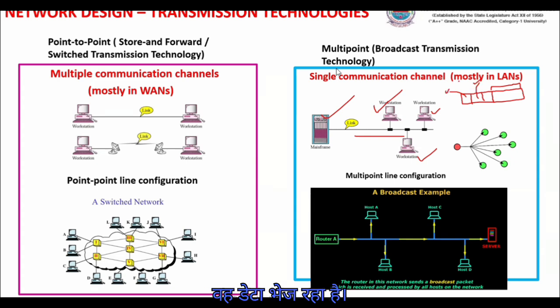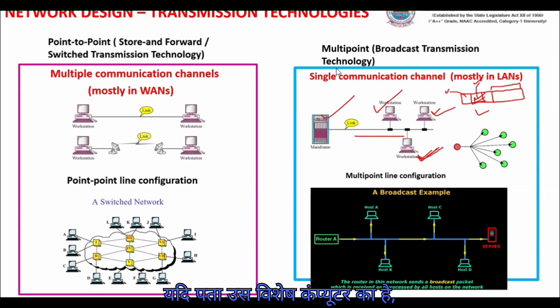Means who is sending the data, to whom he is sending the data. Okay. So every computer will be receiving this unit. And the very first thing they will do is look into the destination address in this unit of data or packet. We call it packet. Okay. So it will check the address here.